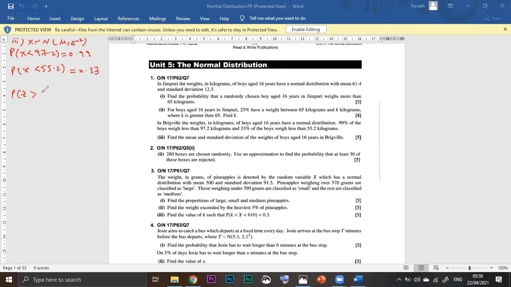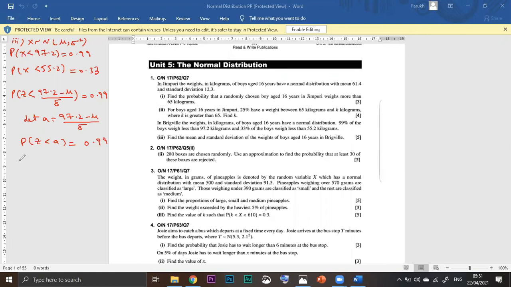Probability of z less than 97.2 minus mu over standard deviation is equal to 0.99. We will let this value of z be a. Let a be equal to 97.2 minus mu over standard deviation. Probability of z less than a is equal to 0.99.